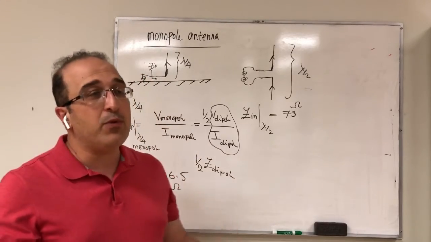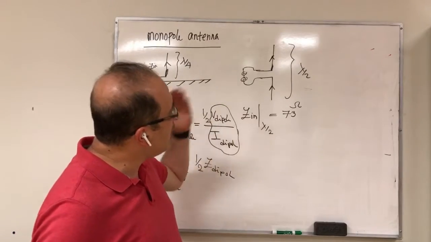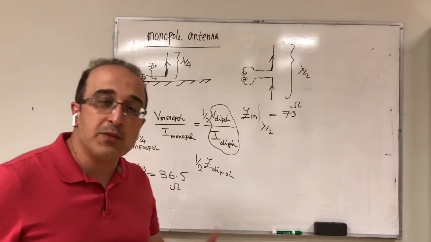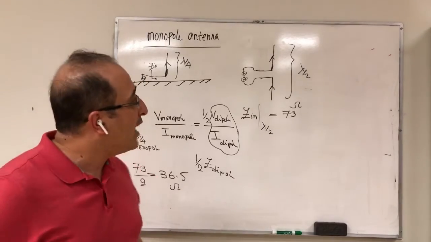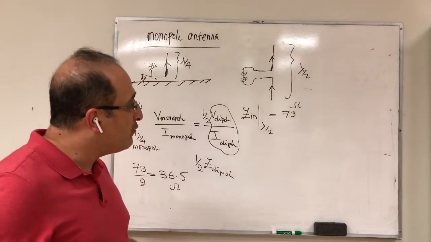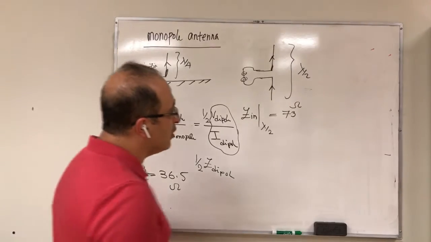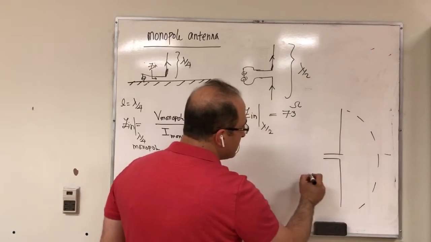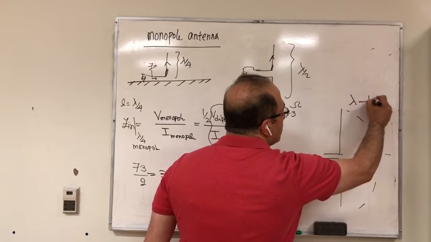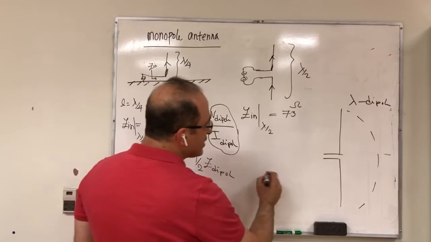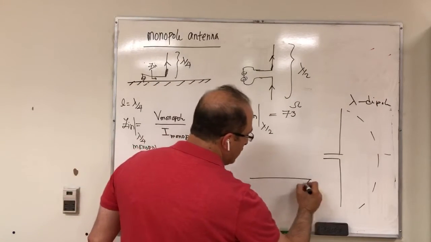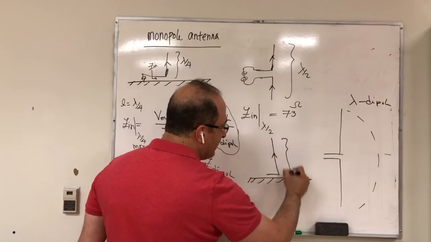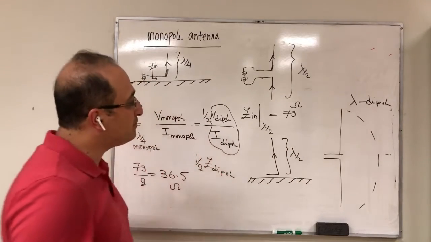Now, if I tell you this is the input impedance of a dipole antenna, find the input impedance of the corresponding monopole antenna, you can do that. Another example would be a full wavelength dipole antenna. Remember, if you have a dipole antenna which is 1 lambda, then the corresponding monopole would be, you have a PEC plane, and then this would be your monopole, and the size of the monopole would be half a wavelength.